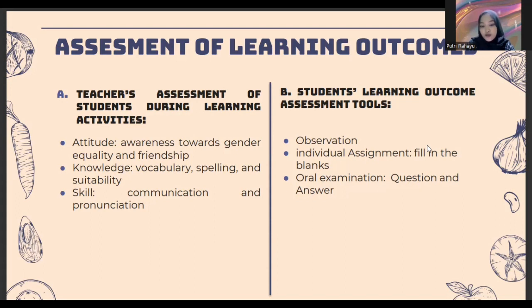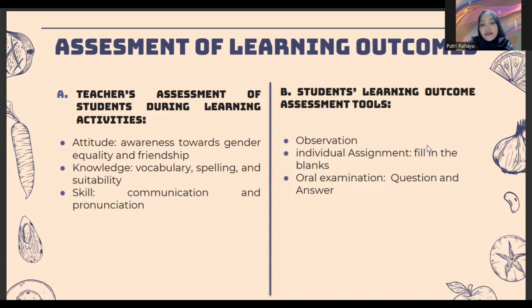This tool is used to assess students' attitudes during learning activities. And then the second tool is an individual assignment in the form of fill in the blanks. This tool is used to assess students' knowledge and understanding about food vocabulary.